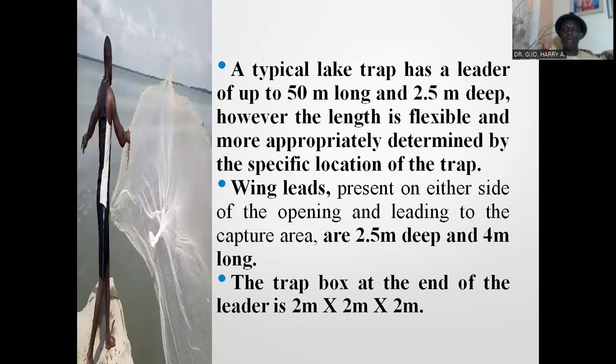Winglets present on either side of the opening and leading to the capture area are 45 meters long, 2.5 meters deep, and 4 meters long. The trap box at the end of the leader is 2 meters by 2 meters by 2 meters.